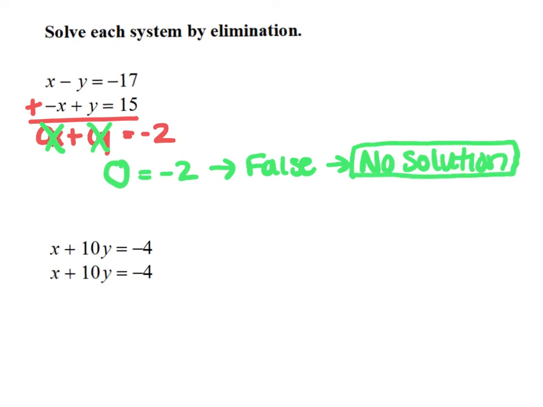Now the second problem, we can see that when I add straight down the variables won't cancel, but if I change the sign on one of them, I can make the x's or the y's cancel. So I'm going to multiply one of the equations by a negative. I'm going to multiply the second equation by negative 1.